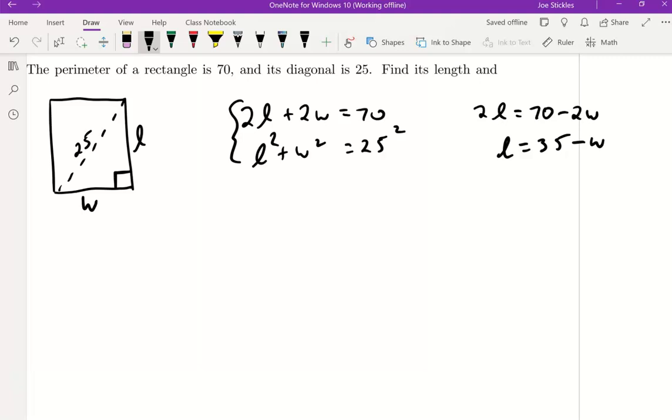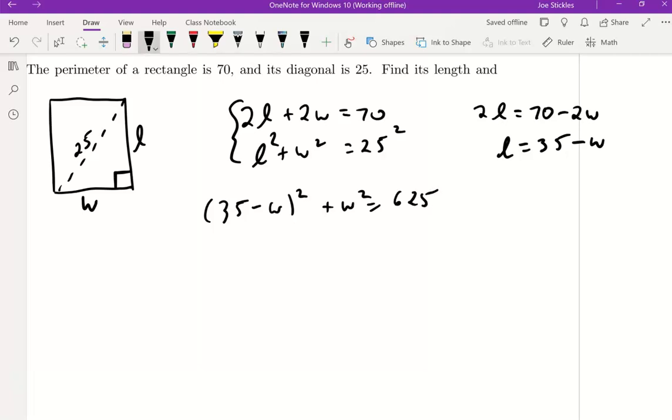So you get 35 minus W for the expression for L. What do we do with that now? Yeah, substitute it into the second one, right? So take 35 minus W squared plus W squared equals 25 squared, which is 625.